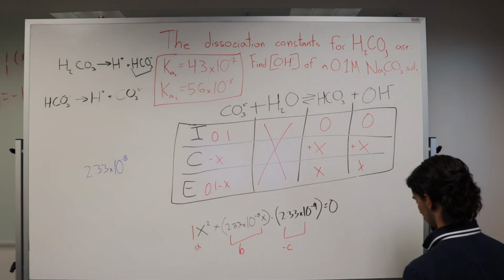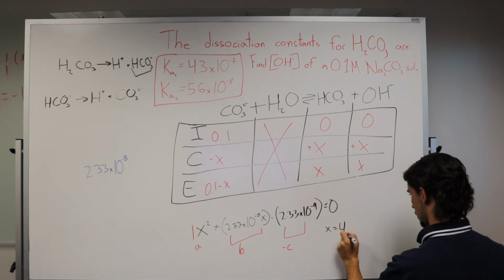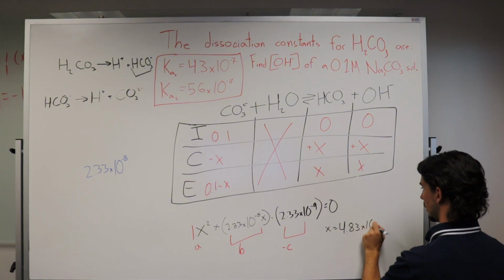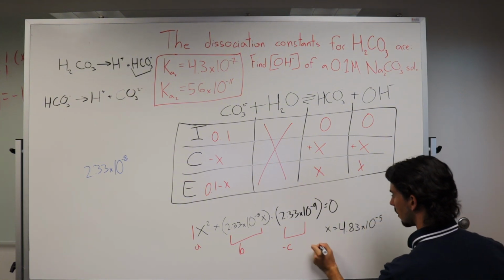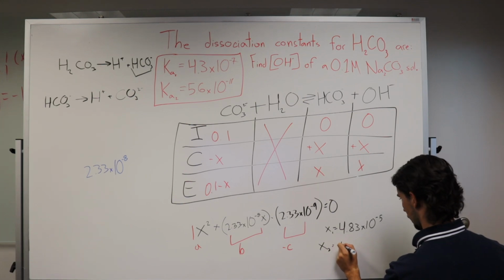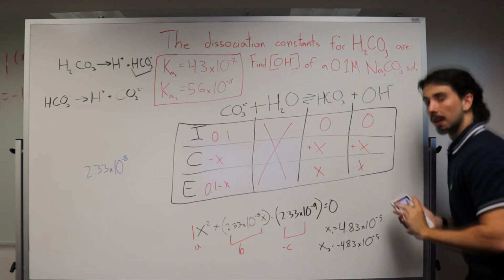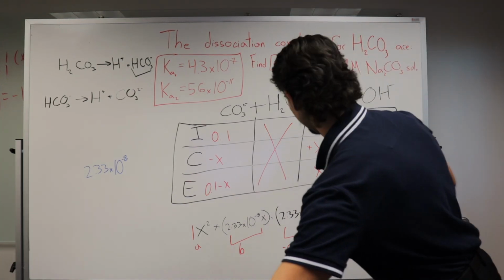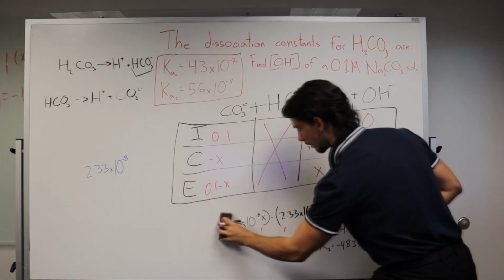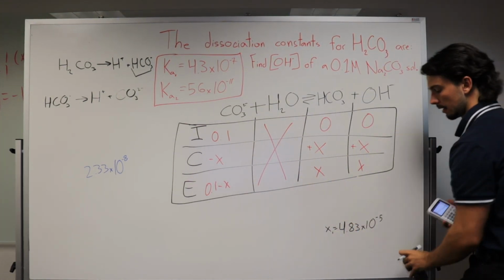So one of our x values will be 4.83 times 10 to the negative 5th. Our other x value will be negative 4.83 times 10 to the negative fifth. And we know now that we never choose the negative one. So the first x value is what we want.